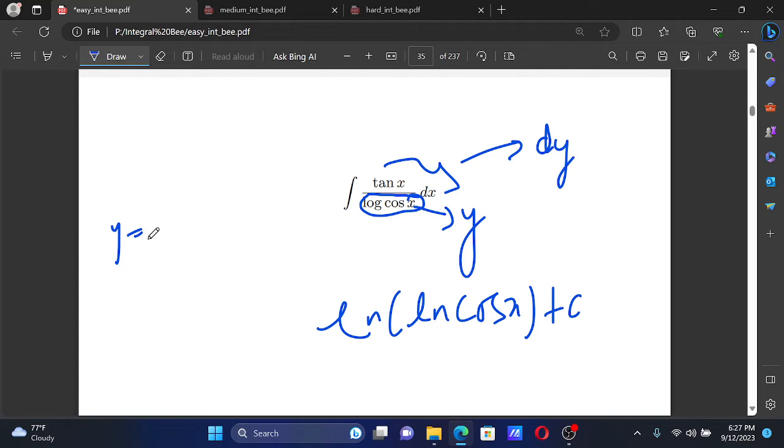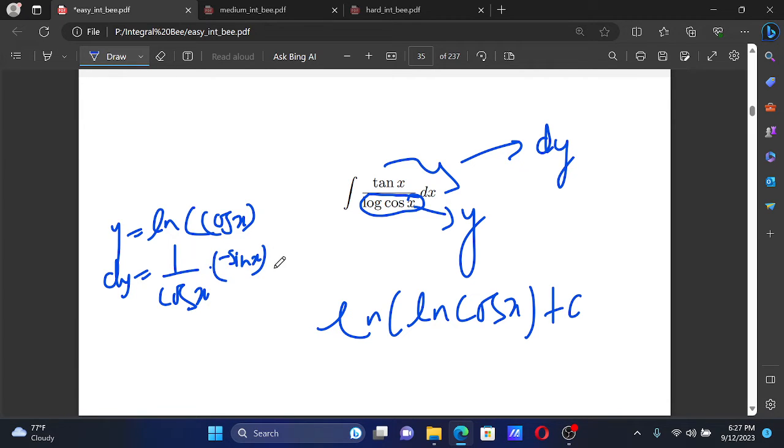So if we have y equals log cos x, then dy equals 1 by cos x dot minus sin x actually. It can happen. So tan x dx is minus dy, not just dy. So if it's minus dy, we will get a minus out, so it's minus ln cos x plus c.